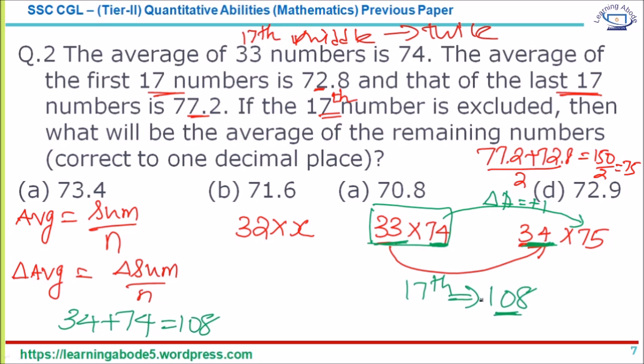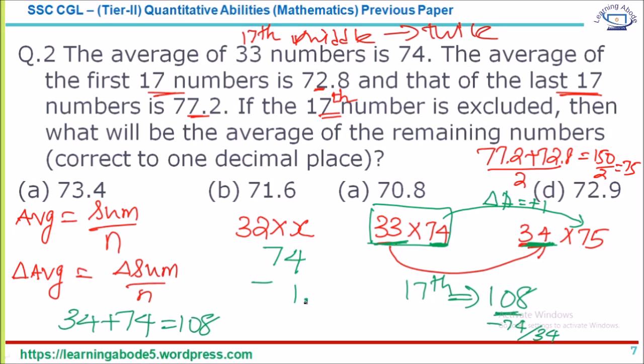We already know the average is 74 and this number has contributed 34 more than the average, right? Which means when you remove this number, the average will become less than 74. How much less will it become? A little more than 1.